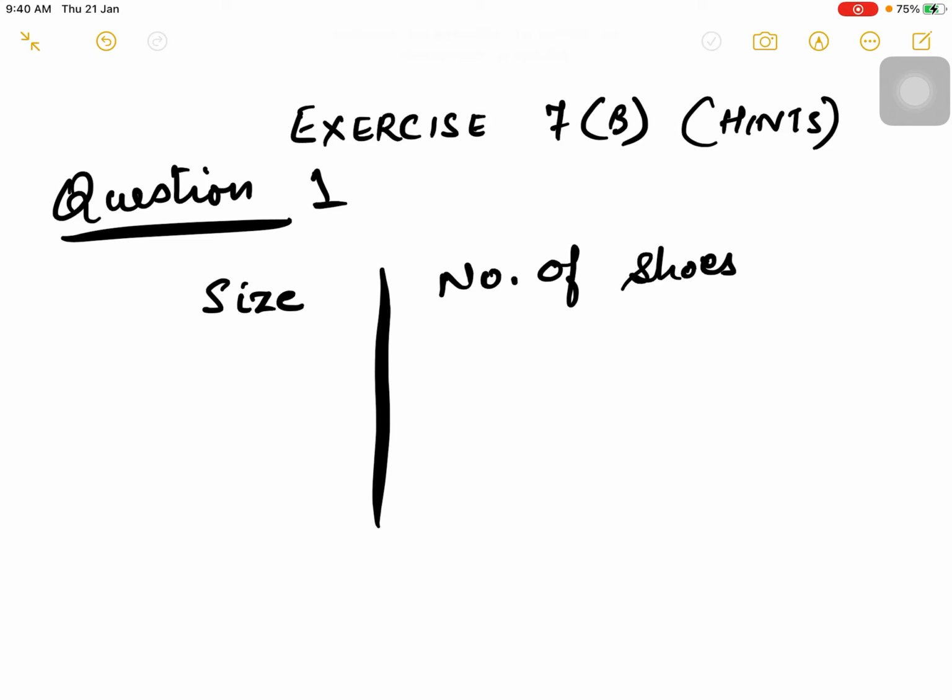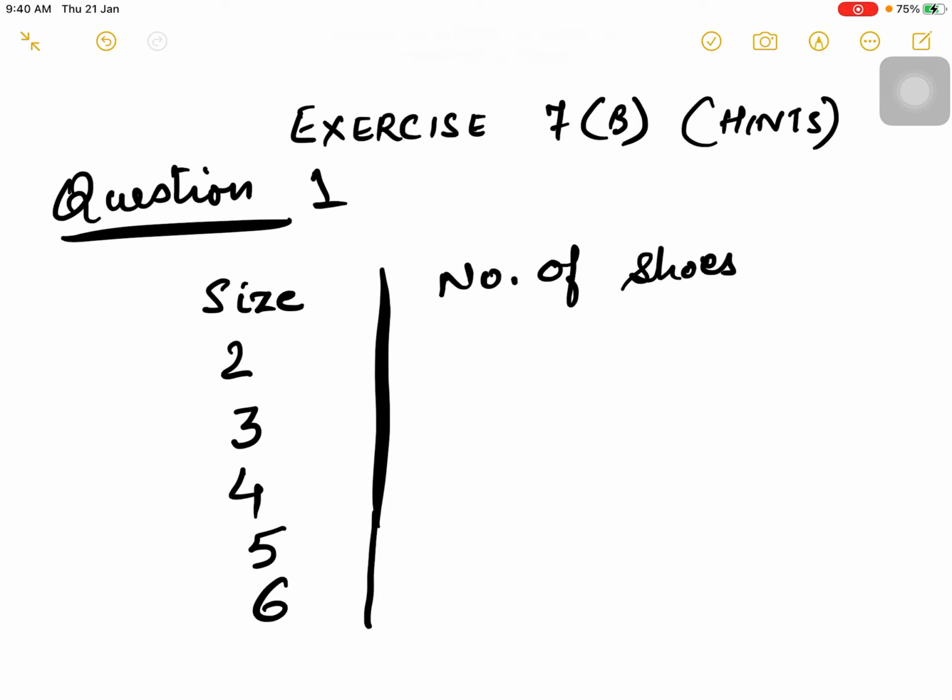Okay. So, question number 1: a shop has the following number of shoe pairs of different sizes, and the number of shoes for different sizes has been given, and you have to find the percentage of each size available in the shop. Okay, so sizes are 2, 3, 4, 5, 6.